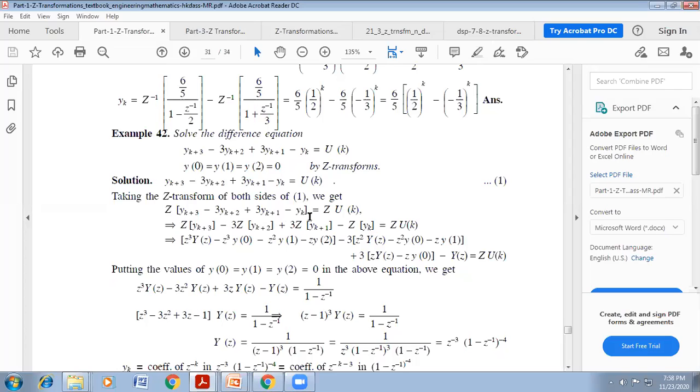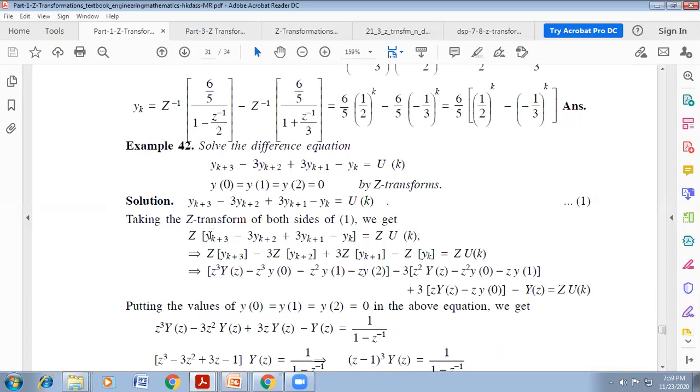As in the previous example, Z transform of this minus 3 into Z transform of this by linearity property. On the right hand side, Z transformation of uk. This is the third order, remember it. For the first time we are solving a third order difference equation with the help of Z transformation.